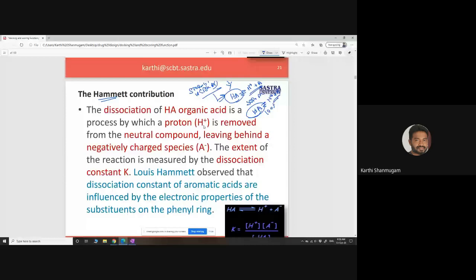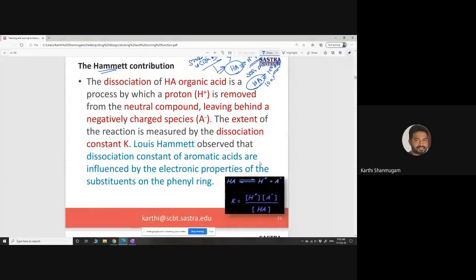If you look at this image, HA has a double-headed arrow, which shows an equilibrium. The acid HA dissociates into H+ and A- ions.